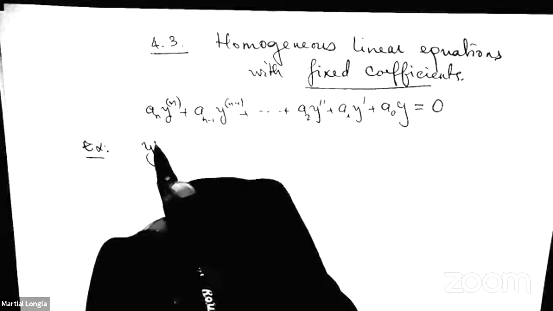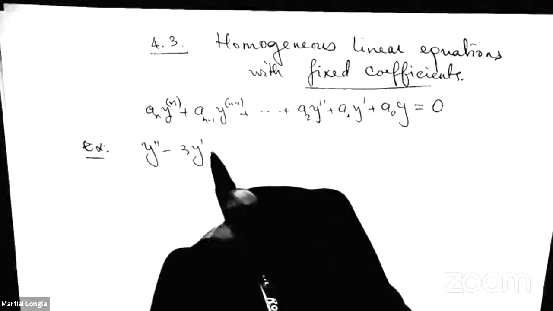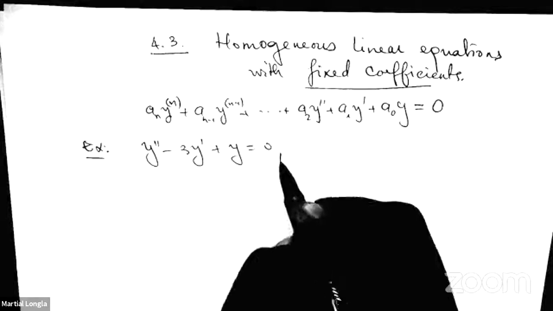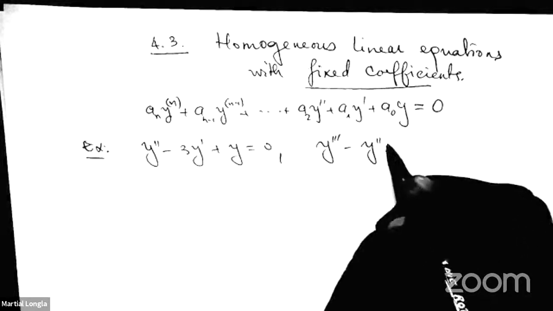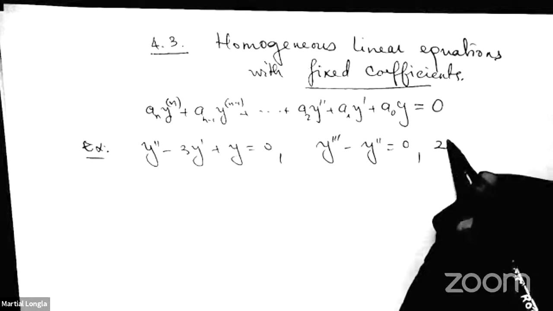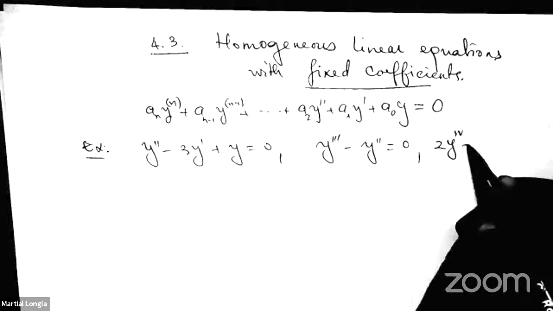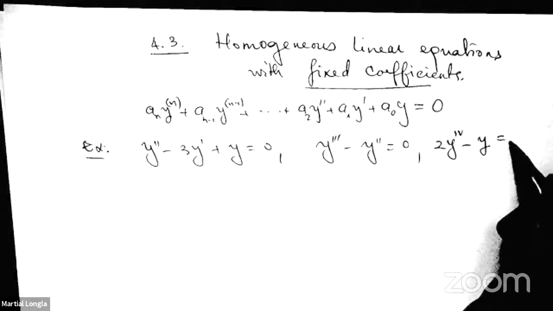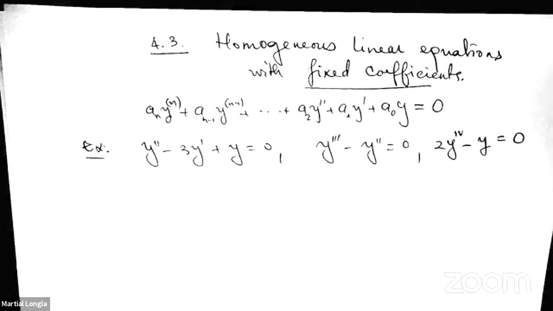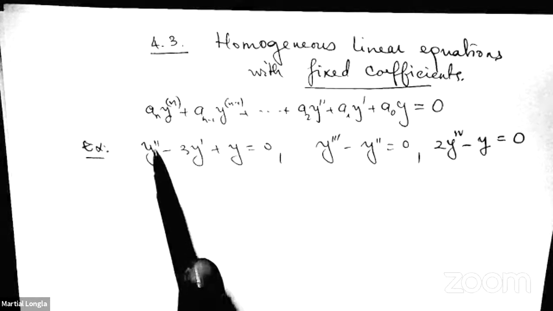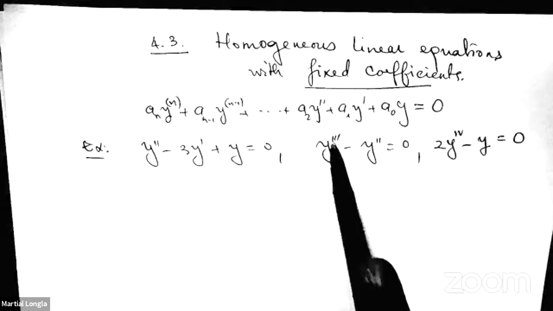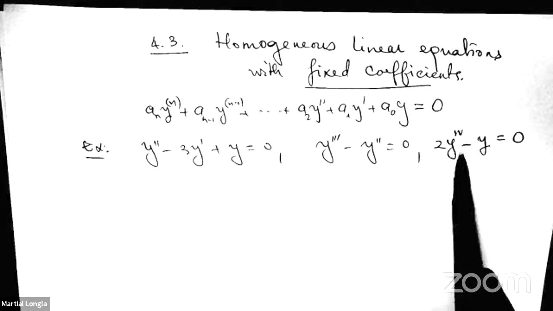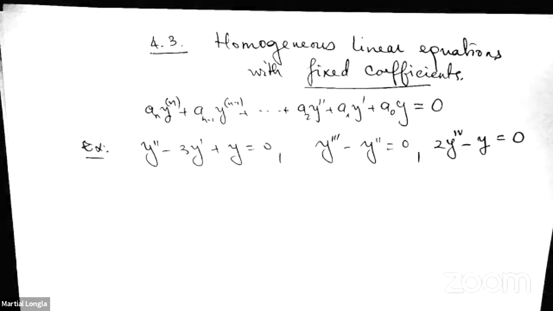Examples: second derivative minus 3 times the first derivative plus the function equals 0. Third derivative minus second derivative equals 0. Fourth derivative minus the function equals 0, and so on. These are all examples of linear equations. This is second order because the second derivative is there. Third order because the third derivative is the highest derivative. Fourth order because the fourth derivative is the highest.